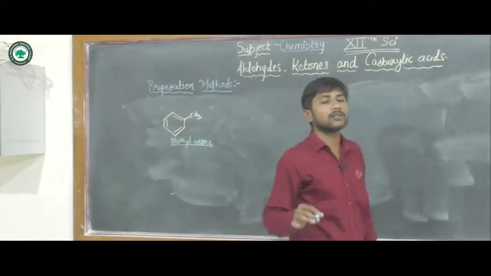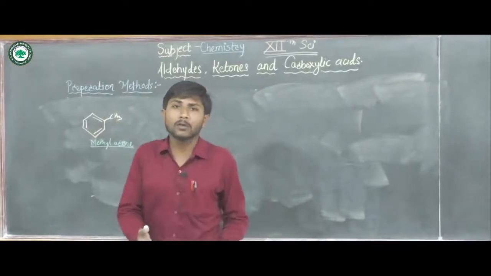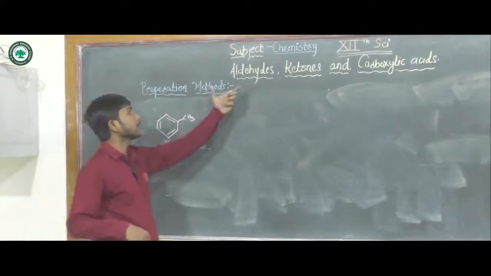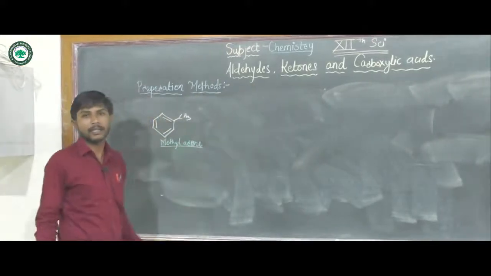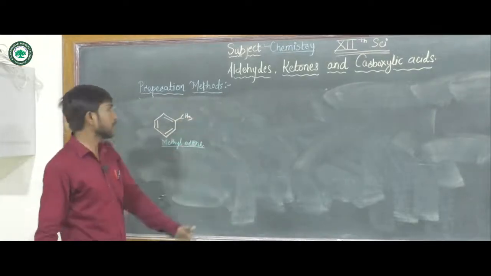If we use a strong oxidizing agent, this methyl group is directly converted to the carboxylic acid. But we want the intermediate stage, the preparation of the aromatic aldehyde, that is benzaldehyde. How can we prepare this product?